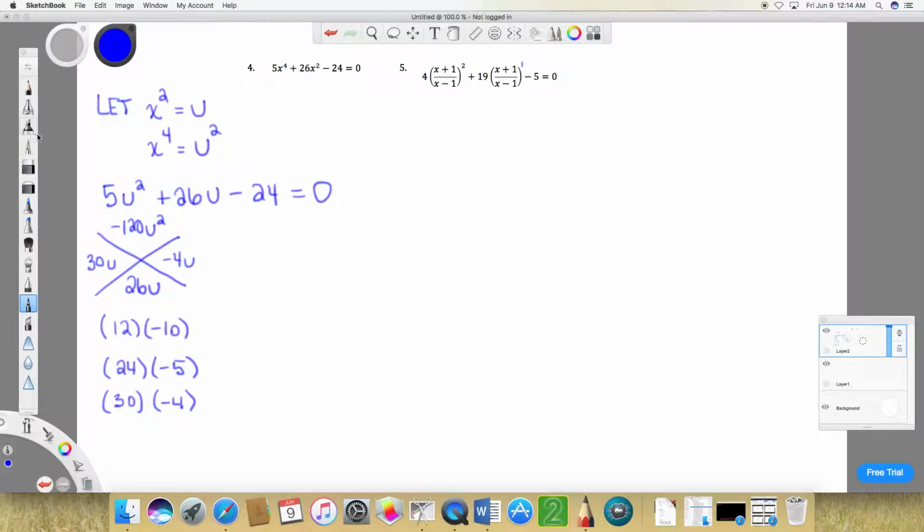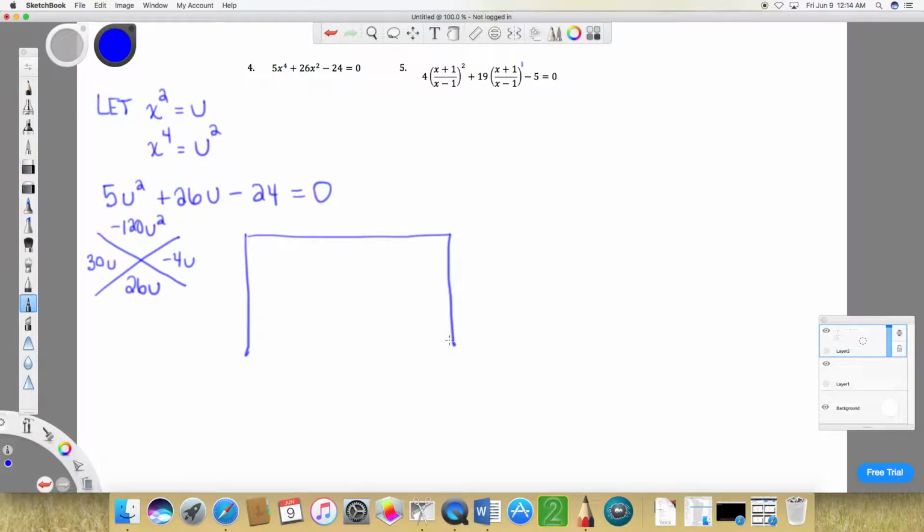All right. Now I'm going to put this information in the form of a table so I can factor this completely. Along one diagonal of my table, I use from the original equation the first term and the last term. And along the other diagonal, I use the two values that I found in my x.